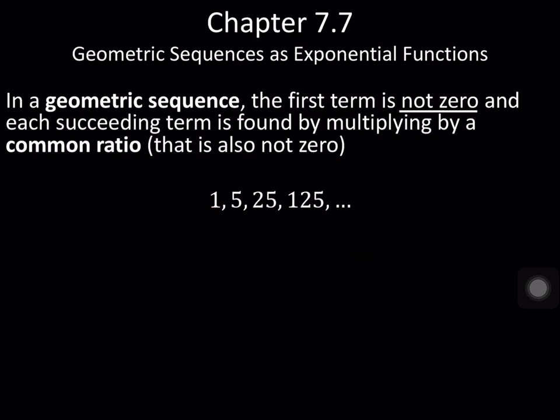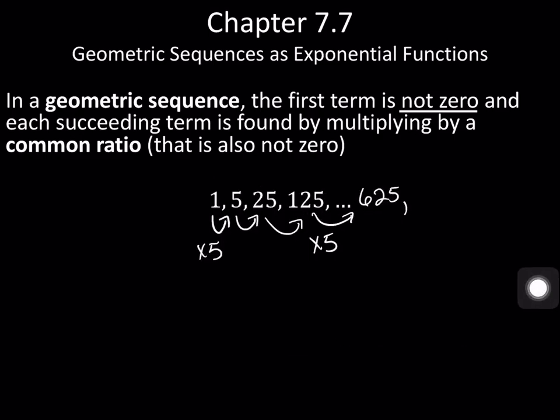So in this example, this is a geometric sequence, and to get from the first term to the second term using multiplication, we multiply times 5. Then to get from the second term to the third term, we multiply times 5 again, and then times 5 again. If we wanted to keep generating numbers, we would keep multiplying by 5. So the next one would be 625.